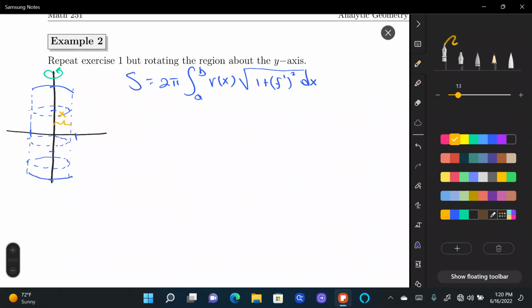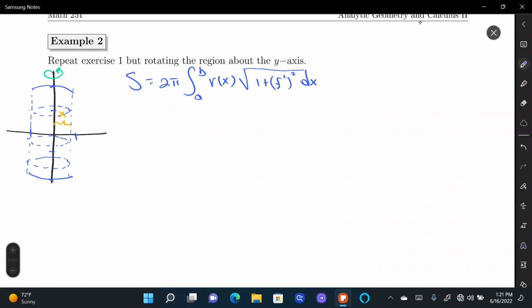It's x units away, as opposed to the previous example when we did the rotation about the x-axis, where we had a vertical distance, a vertical amount of units from the axis of revolution to the outermost point on the solid. So here, let me replace this with 2 pi integral from a to b of x times the square root of 1 plus f prime squared with respect to x.